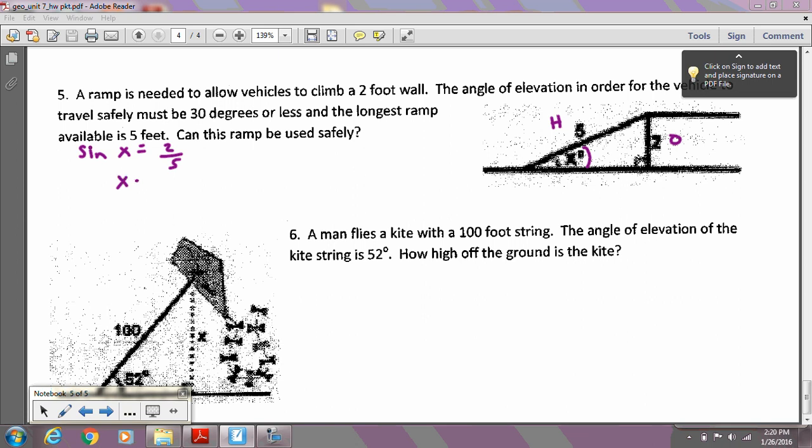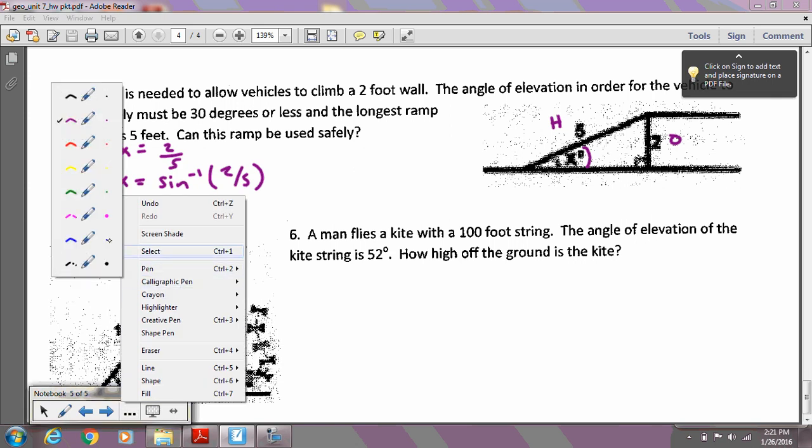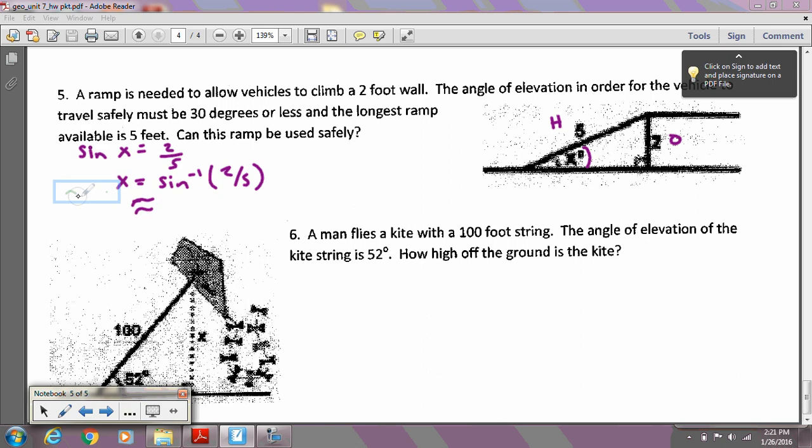So x is going to equal sine inverse of 2 over 5. Now we grab our handy dandy calculator and type in sine inverse 2 over 5. And you get 23.6 degrees.